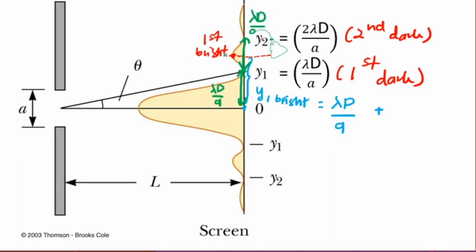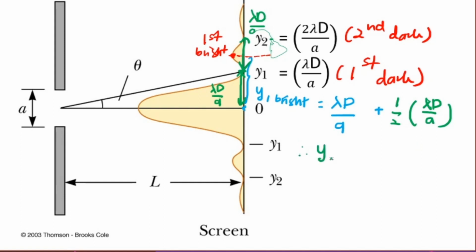Therefore, the distance of the first bright here, okay, you can see here, this is half. Okay, this is the midpoint from y1 to y2. So that means from 0 to y1 is lambda d over a plus half lambda d over a. Okay, since the first bright is at the midpoint of y1 and y2, we need to add half lambda d over a.